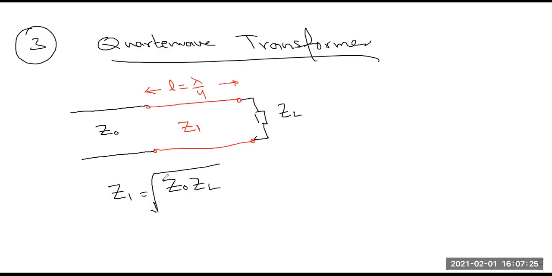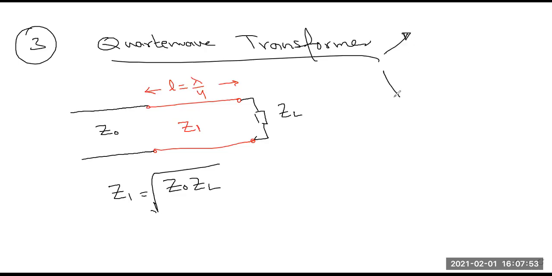But there is one important thing that we haven't covered. I mentioned it in the selection criteria of impedance matching circuit, and that is bandwidth. So the bandwidth performance of an impedance matching circuit is very important. Quarter wave transformers can also be divided into two categories.